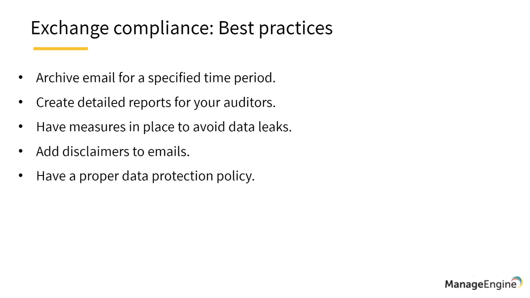So you need to put archiving at the top of your list, and it should be done in a way that prevents users from deleting their emails, because if they delete their emails and later on they are embroiled in some kind of investigation, you need to bring up the emails again. So do archiving in a way that prevents users from deleting their emails.